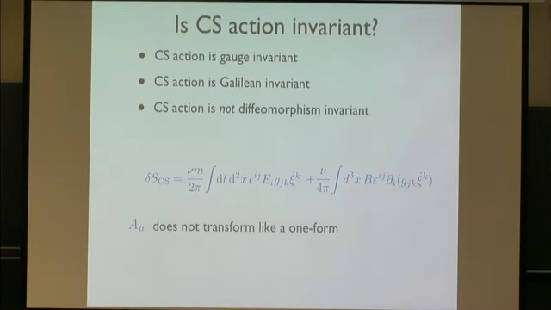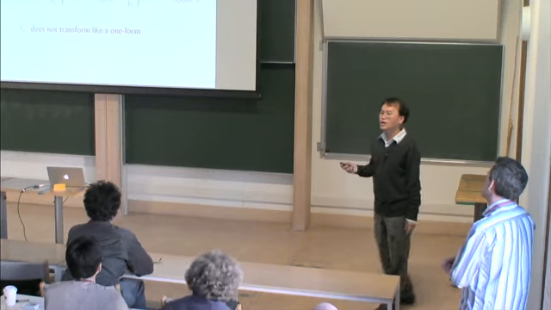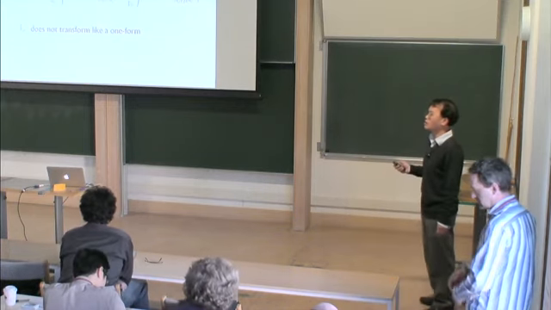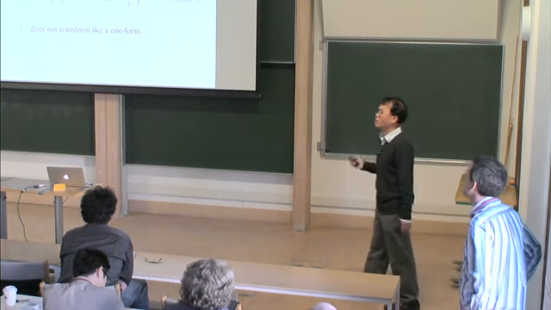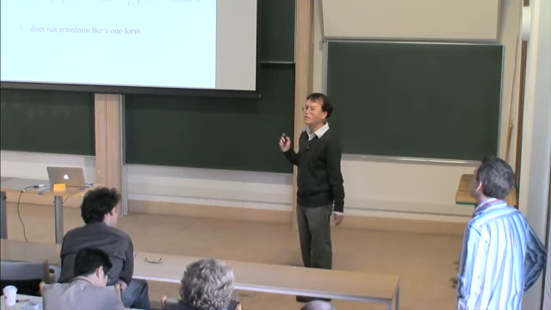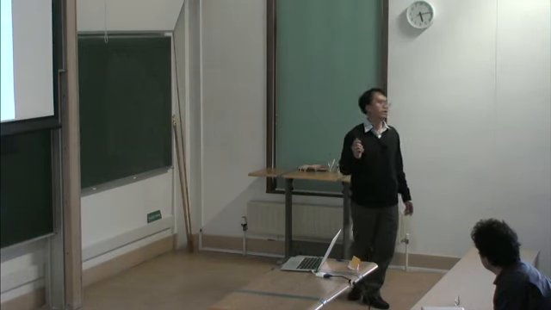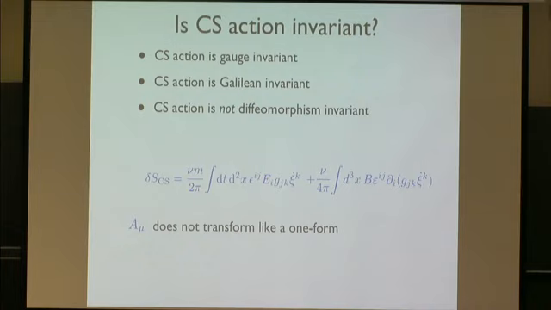Okay, so now we can ask the following question. We wrote down the Chern-Simons action that involved the gauge potential A before, and we can ask whether that effective action is invariant under the transformations. And the answer is that it is not invariant. We can see that explicitly by computing the variation of the Chern-Simons action, where we get these two terms.